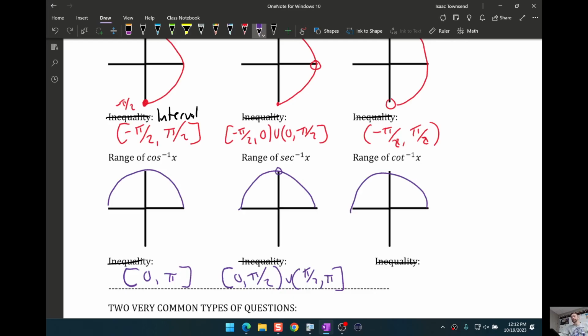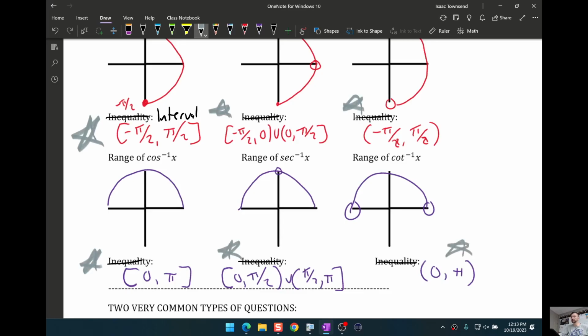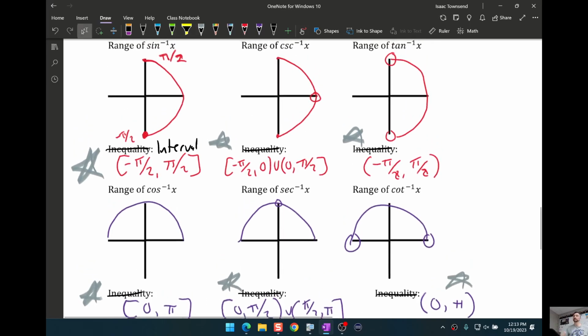And inverse cotangent cares about quadrants 1 and 2, but he has holes on the endpoints, just like inverse tangent has holes on the endpoints. So 0 to pi. The same 6 ranges of inverse trig functions we did on the other page, but summarized in 6 pictures.